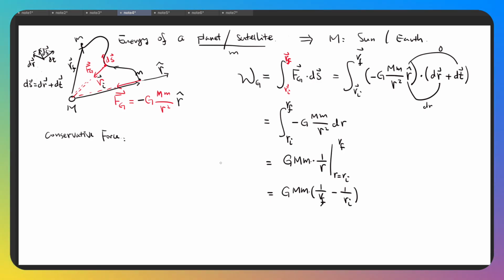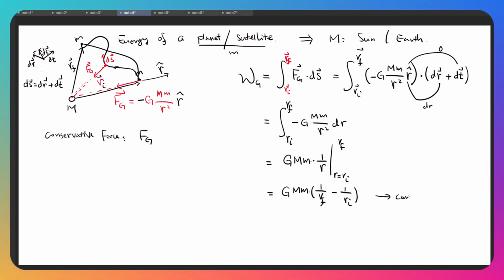Now remember the definition of potential energy for a conservative force. By the way, we just proved that it's a conservative force because this doesn't depend on the arbitrary path that we draw here. It could be another path like this, it doesn't matter.